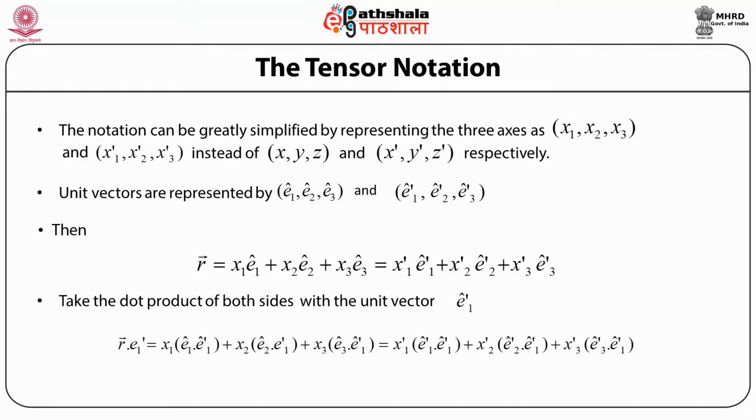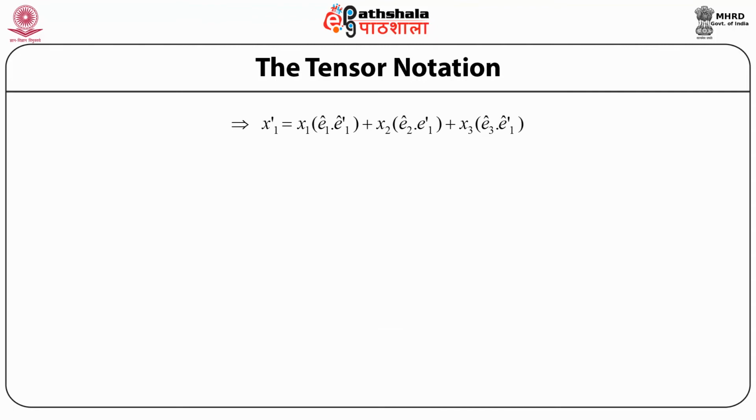So r vector dot E1' is equal to x1 E1 cap dot E1' cap plus x2 into E2 cap dot E1' plus x3 into E3 cap dot E1' cap, which is equal to x1' into E1' cap dot E1' cap plus x2' into E2' cap dot E1' cap plus x3' into E3' cap dot E1' cap. Thus x1' is equal to x1 into E1 cap dot E1' cap plus x2 into E2 cap dot E1' cap plus x3 into E3 cap dot E1' cap.